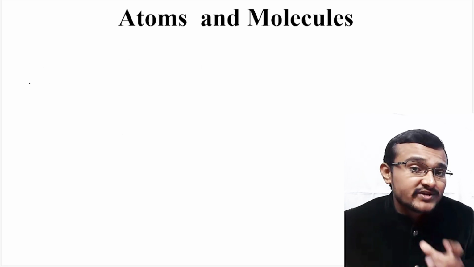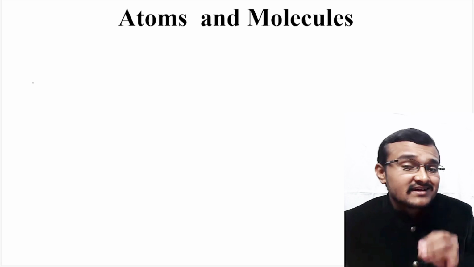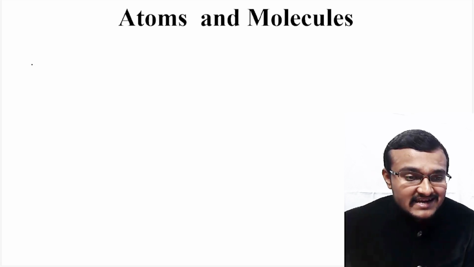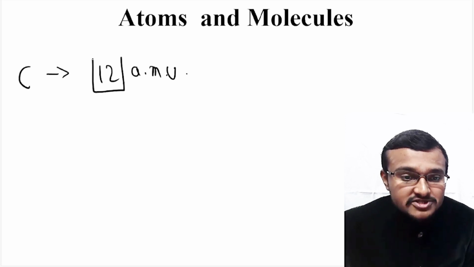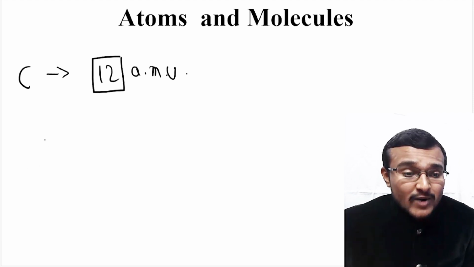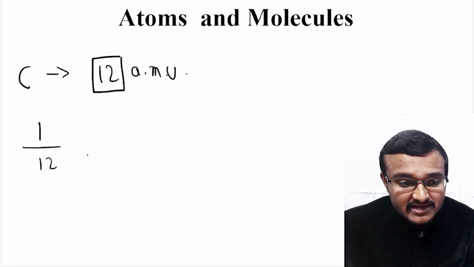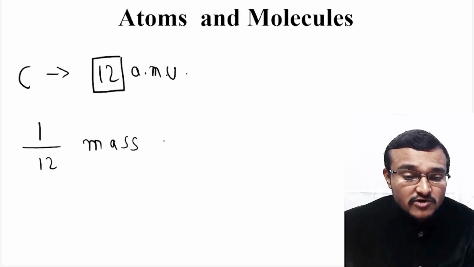So later on there was a universally accepted atomic mass concept where carbon was considered as the reference element. Carbon was fixed as 12 atomic mass unit. This was fixed for carbon, and later on 1/12th of the mass of carbon was considered to measure the mass of an individual atom.